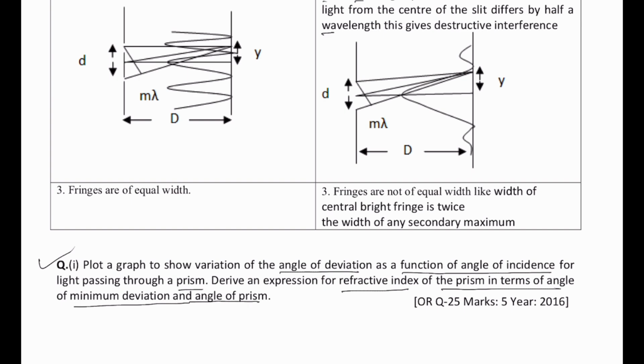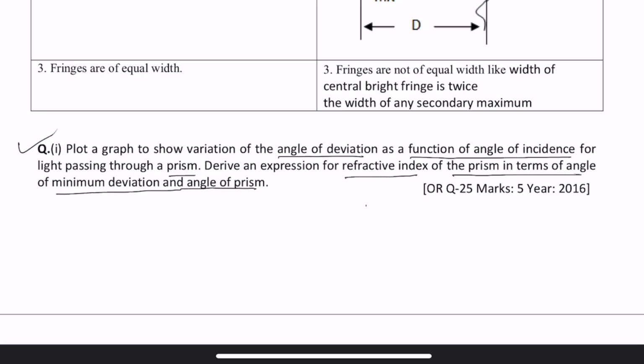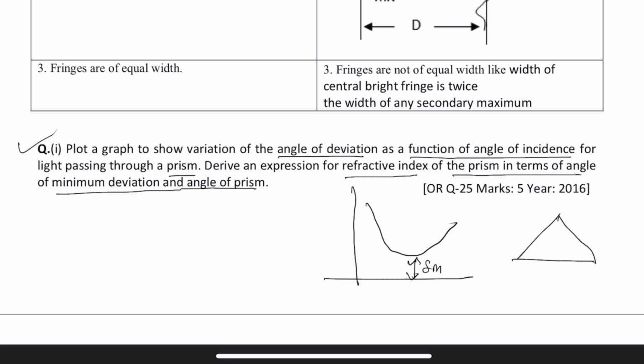Okay, so actually this is the angle of minimum deviation, correct, delta m. So what happens, suppose this is a prism. Okay, we are representing it by a triangle, the section of the prism.